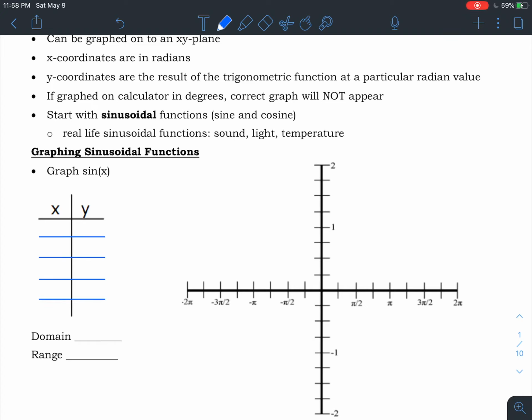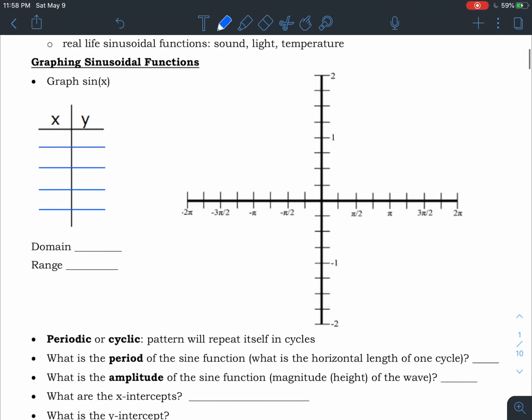So in upper level physics and beyond, radians are the most common angle measurement. So that's what we're going to be measuring our angles in here. And then our y value is just whatever the result of that trig function is. So I'll translate that down to how we handle it for you.